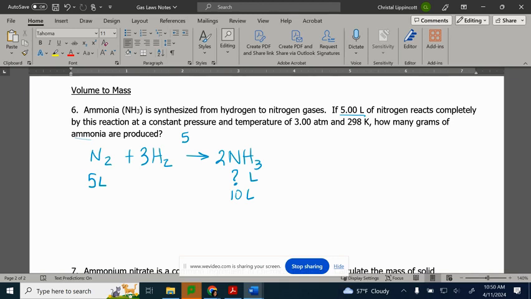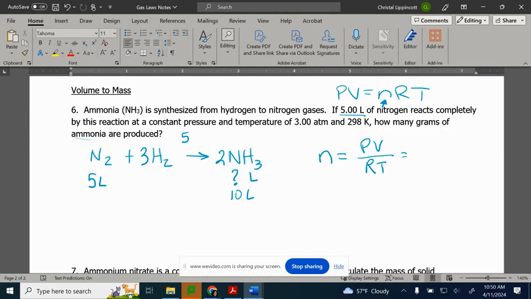We can solve to figure out grams. So if I am using my PV equals nRT formula from yesterday, I am focused on getting this value isolated, and then I can turn that value into grams. So I want n by itself, so I'm going to divide both sides by RT.